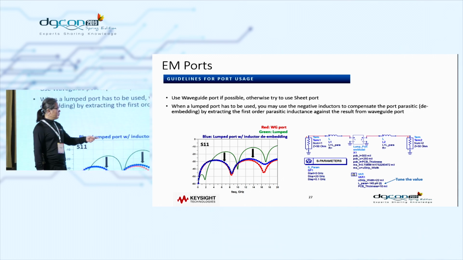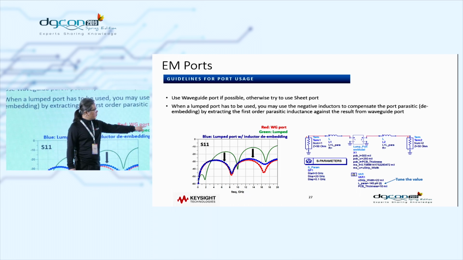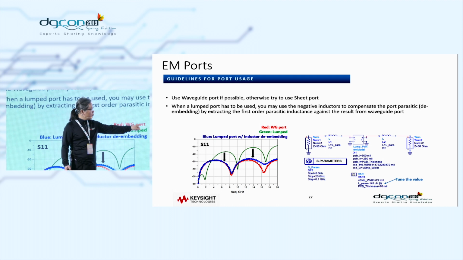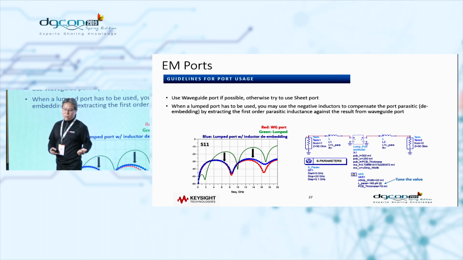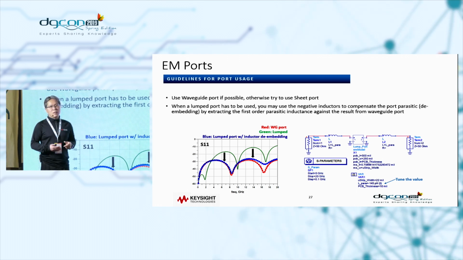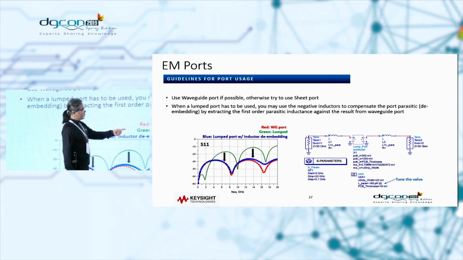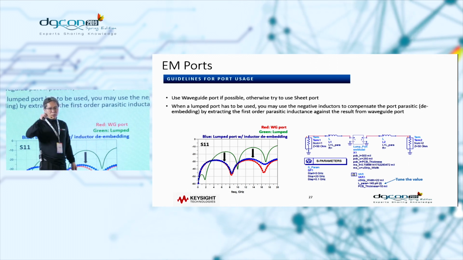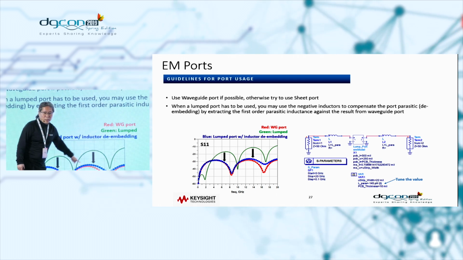Here is a simple test structure I created. I put an inductor into the structure, EM simulated with a lump port, but the inductance value for that inductor is negative inductance, right? When you put in this negative inductance and try to tweak or tune it, you can see that this one moves quite a bit.